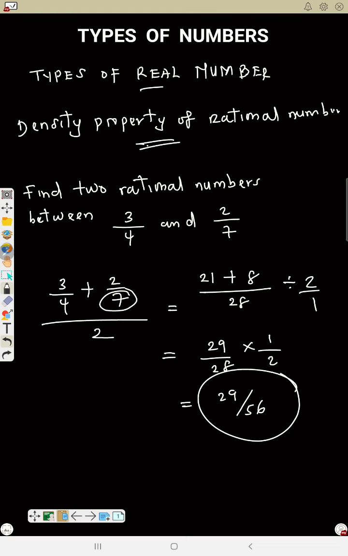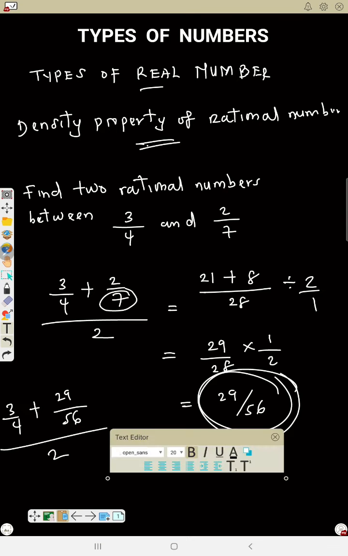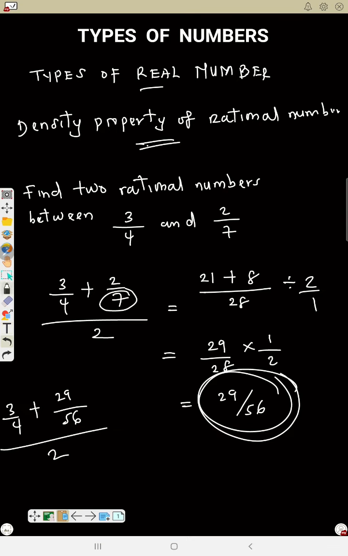The same way, I'll still say 3 over 4 plus 29 over 56, everything over 2. So you add this, and you can find the LCM again. So the top one will give 71 divided by 56 times 1 over 2, which is equal to 71 divided by 112.